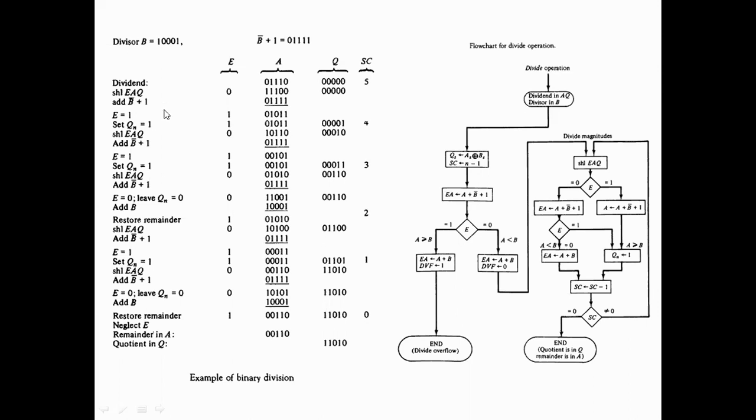So what needs to be remembered here, that we start, the first thing we need to do is a shift left operation, then a subtraction, which is same as 2's complement addition. So the first is shift left, second is subtraction, third is checking E. If E is 1, put Qn equal to 1, done.